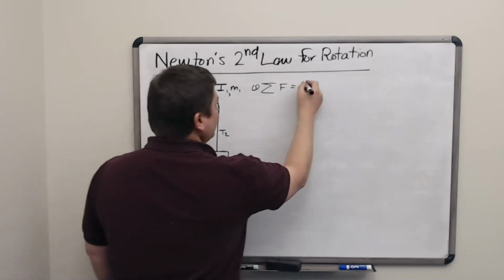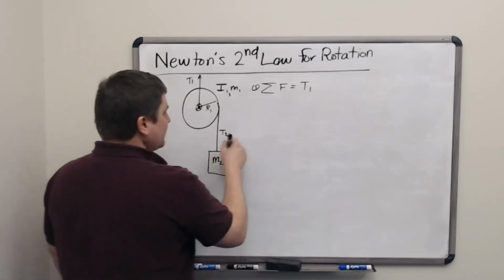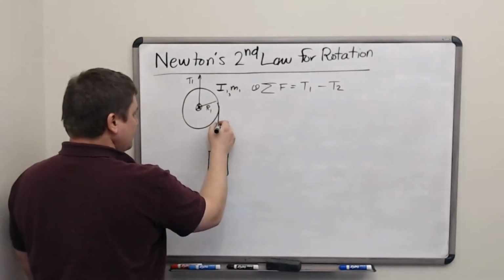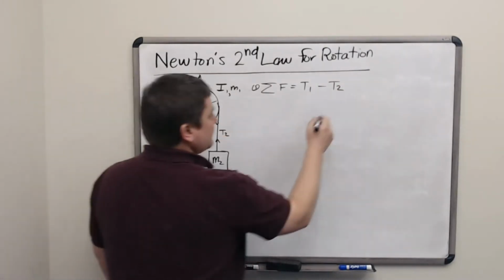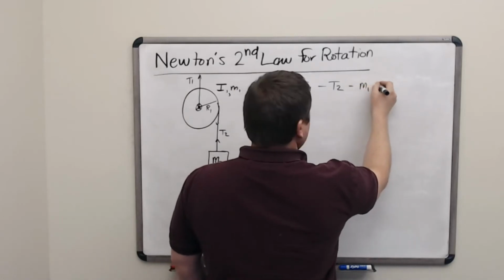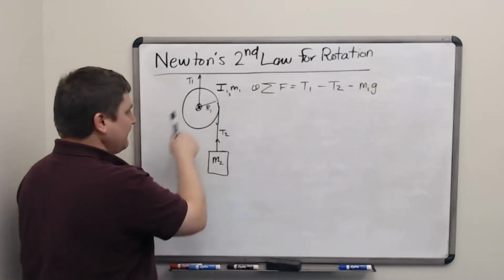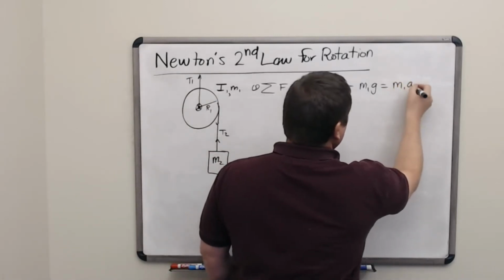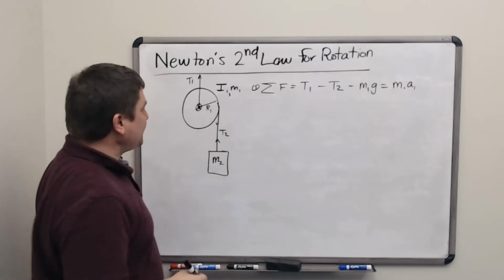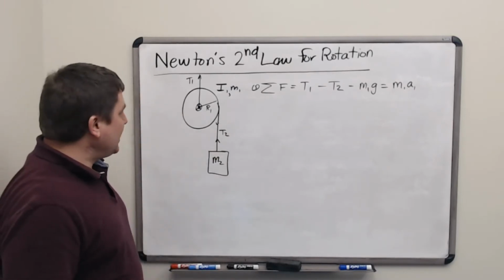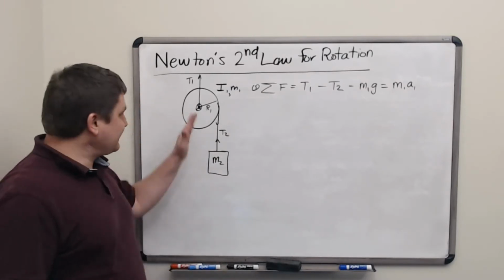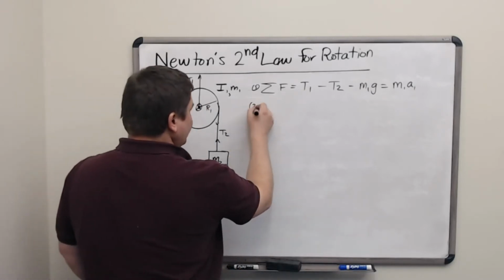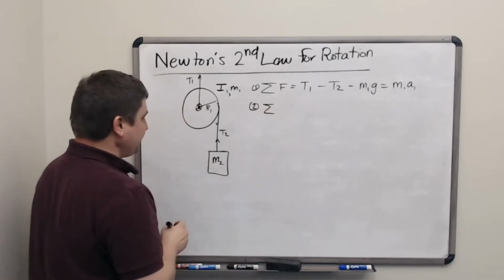T1 is pulling up, T2 is pulling down, and gravity pulls down on the center of mass. All those forces are in the vertical direction, so if there's any acceleration for the center of mass of this pulley, it will be in the vertical direction also. Let's look at object 2 for its forces.